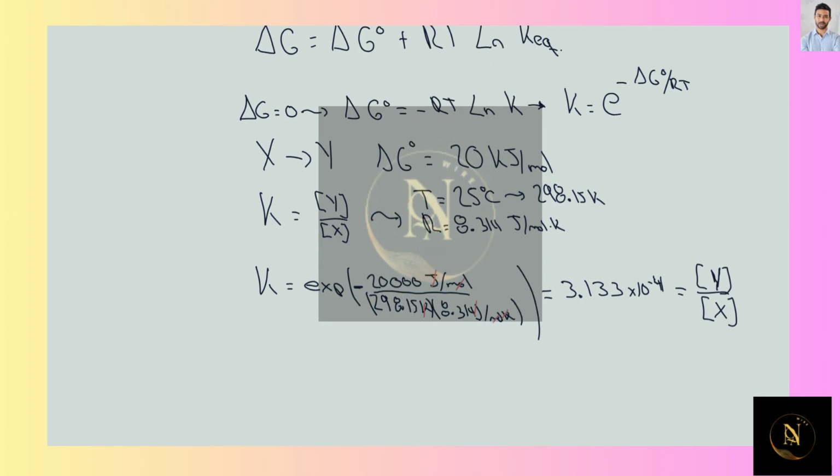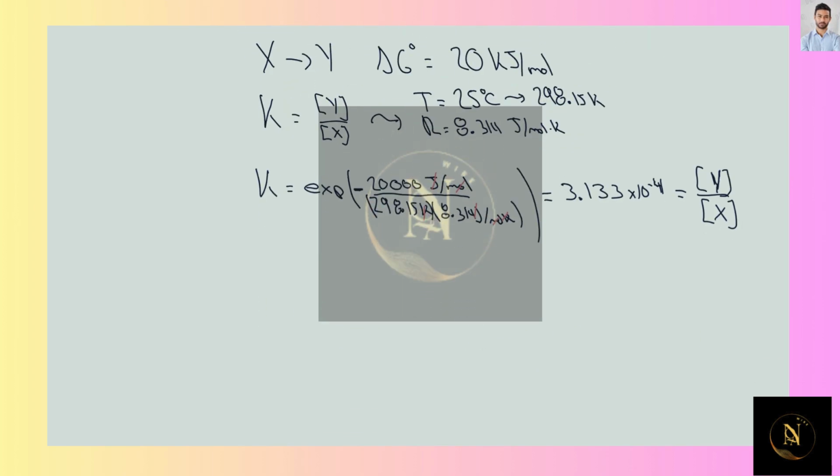So now, with this, we can continue with the second part of this question, part B, where the reaction that we need to study is the following one. We have X plus ATP plus water producing Y plus ADP plus inorganic phosphate.